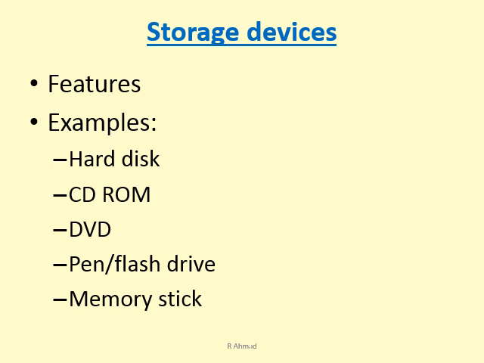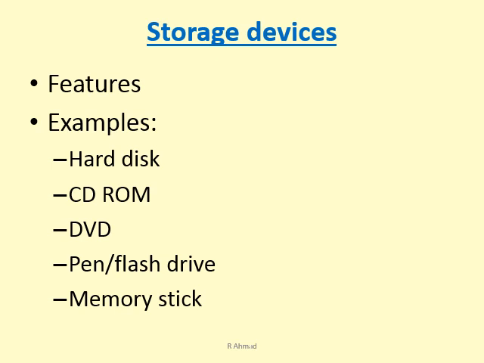The features of I/O devices are the same as storage devices. That means they can store huge volumes of data, they are non-volatile in nature, they are very cost effective, and they are reusable. So the most common storage device that we are making use of nowadays is the hard disk.